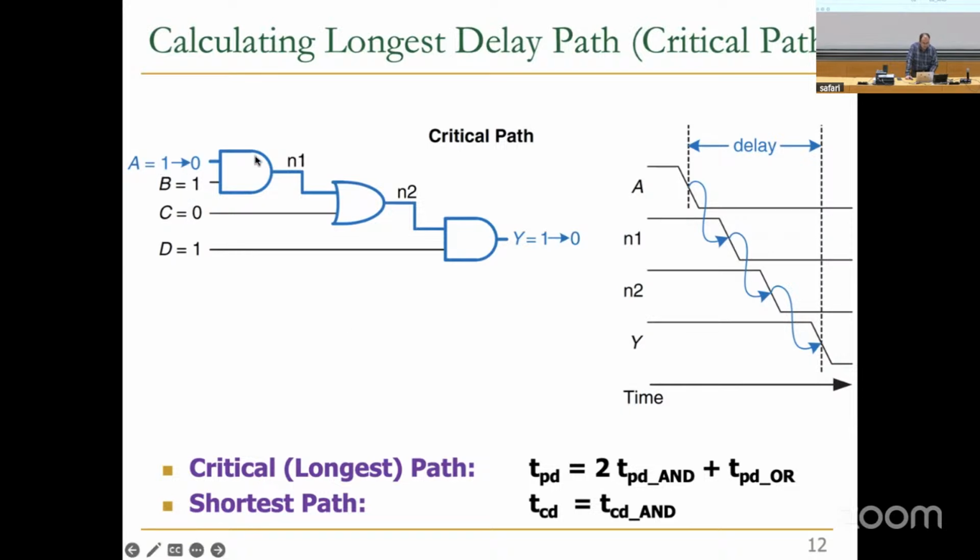This AND gate was 1 in the past, but now, because A is 0, you need to wait until N1 gets to 0. When N1 gets to 0, this OR also needs to get to 0, so you need to wait for N2 to go from 1 to 0. After having 0 in N2, you can see that Y goes from 1 to 0. So it's exactly propagation delay: your delay is propagating as you go through the critical path of your circuit.